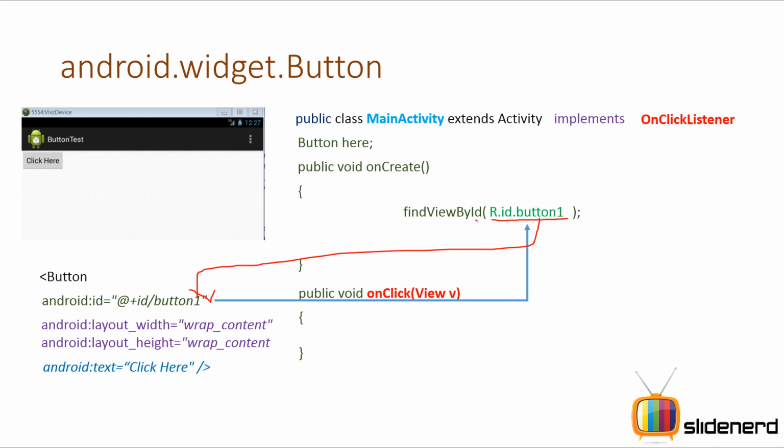I'm going to link my XML and my Java. Now why do I need to do that? Because I need code over here to refer to my button and do something with it, right? So for that I need the button inside Java. So I'm going to say findViewById, R.id.button1. This is going to give me an object, and I'm going to set my onClickListener. Now if you guys probably didn't understand this code much, don't worry about this. I'm going to go into Eclipse and show you a live working demo of this, alright?